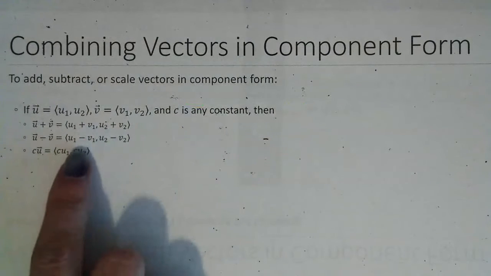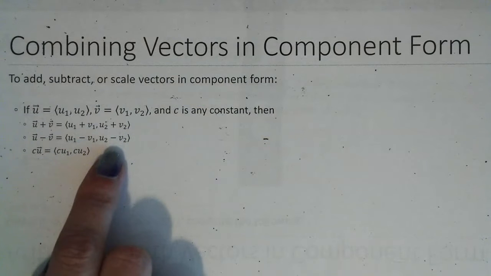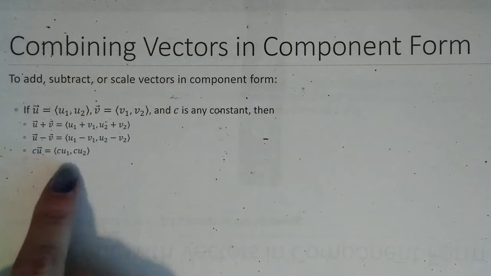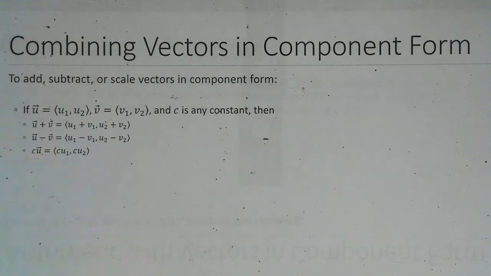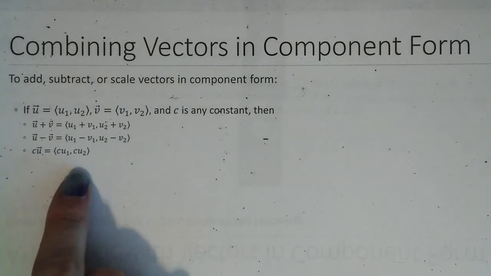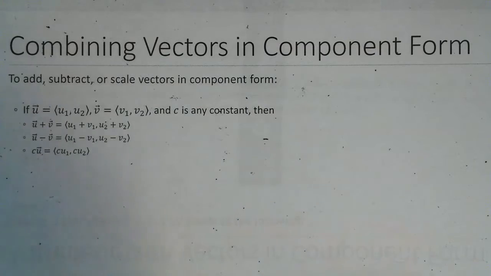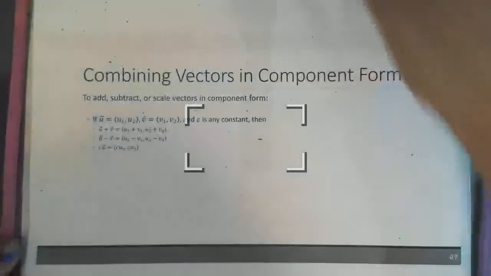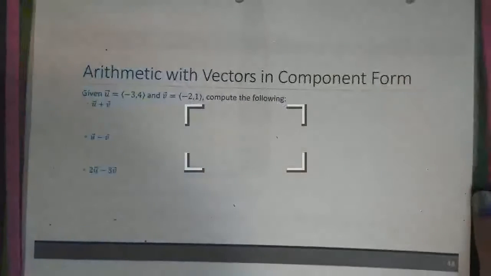If we want to subtract them, we subtract corresponding components. So u1 minus v1, u2 minus v2. And then if we want to scale a vector, we scale each of the components. So if we want to take a vector u and scale it by c, we'll have cu1, comma cu2. This is going to allow us to do arithmetic with our vectors.